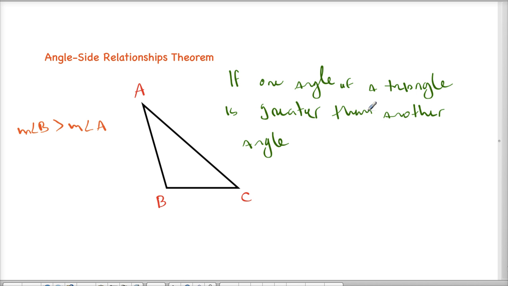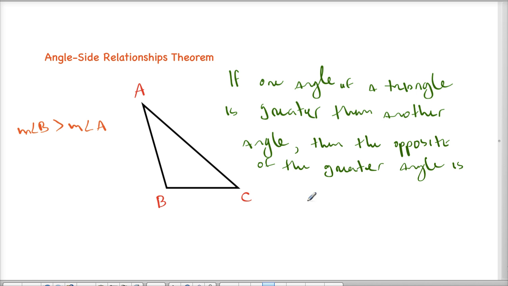So if one angle of a triangle is greater than another angle, the conclusion to this is then the opposite side of the greater angle, or the larger angle, you could say, is greater than the opposite side of the smaller angle.